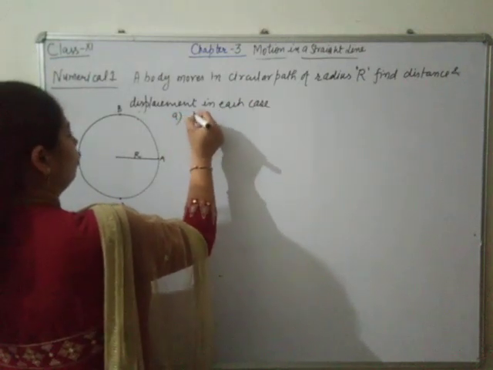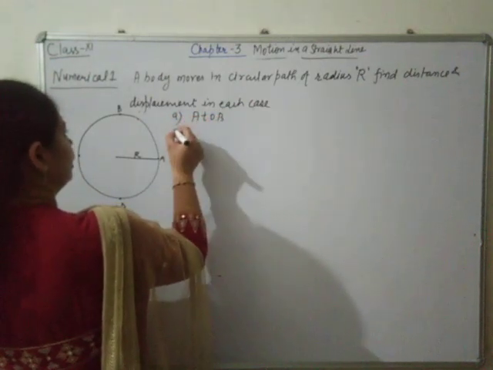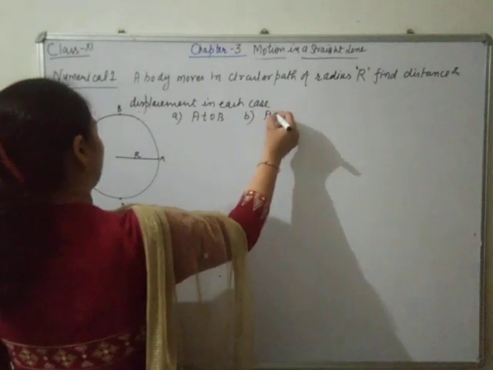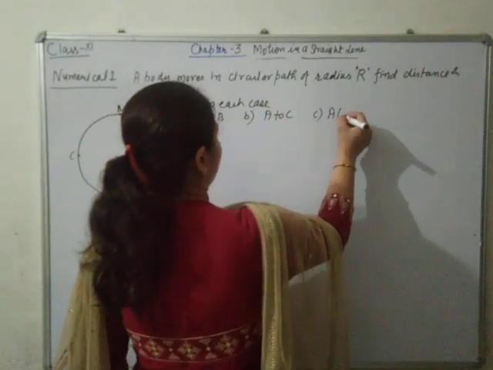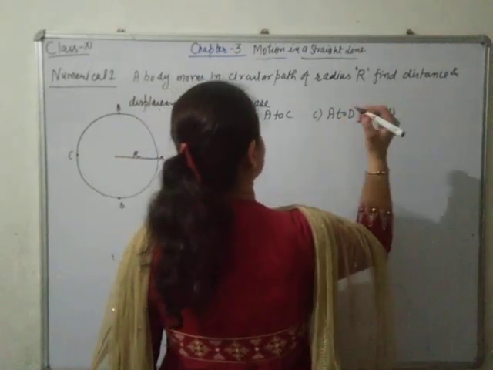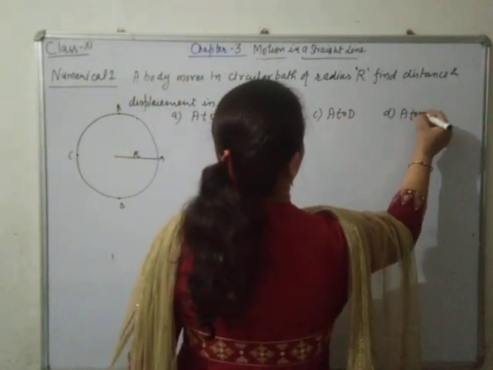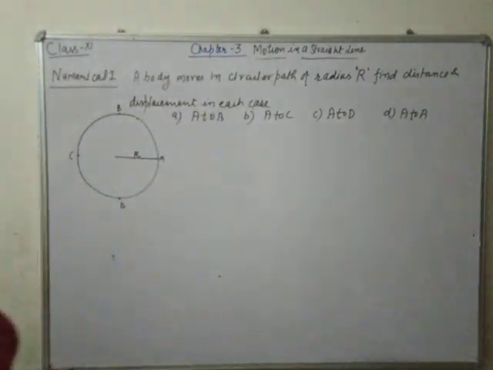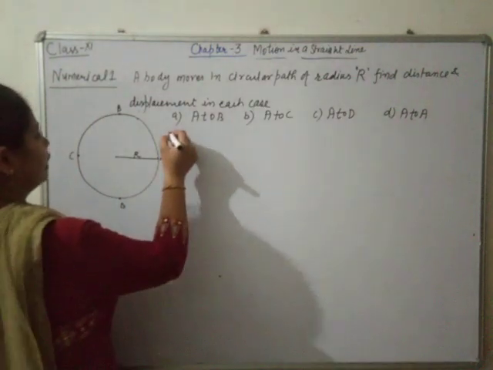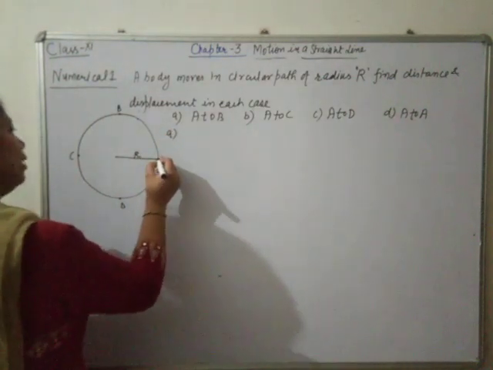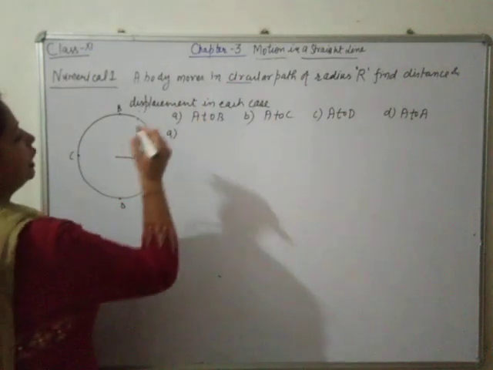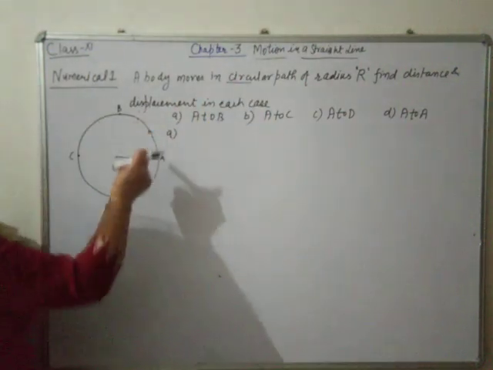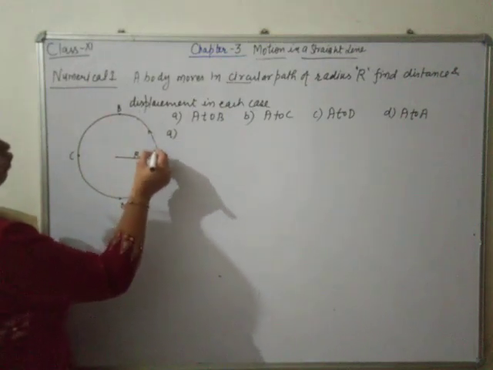Case 1 from A to B, case 2 from A to C, case 3 from A to D, and last, case 4 from A to A back. We have to find out distance and displacement in each case. So let's start with case number 1. From A to B, the body is moving in a circular path. It means the body is moving on the circumference, on the boundary line of the circle from A to B.